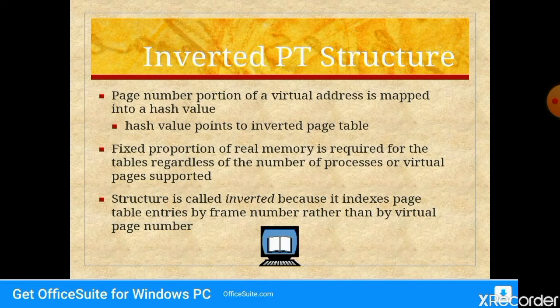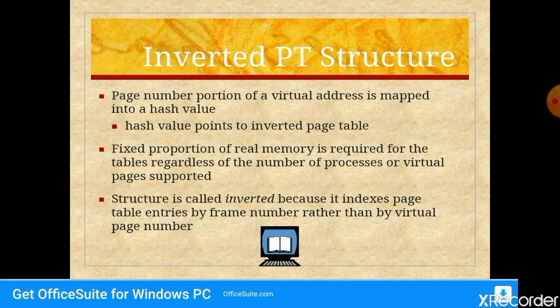So, as the name indicates, inverted page table structure. In the normal page table structure, from the virtual address we get the page table entry. From there we access the frame number, and then we form the physical address to access a particular location.